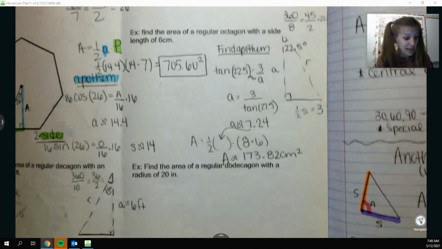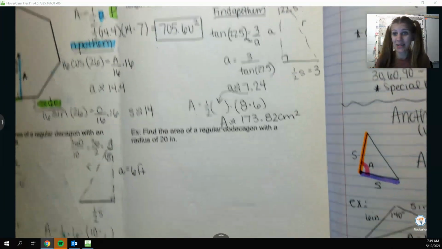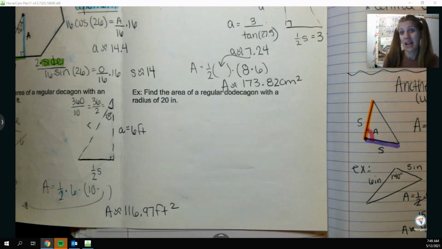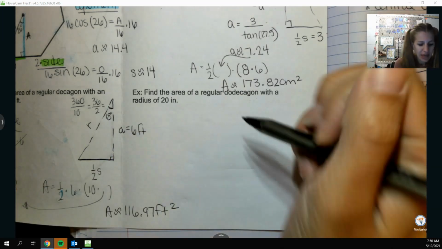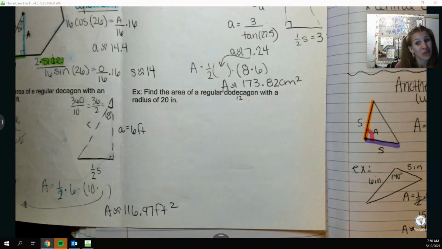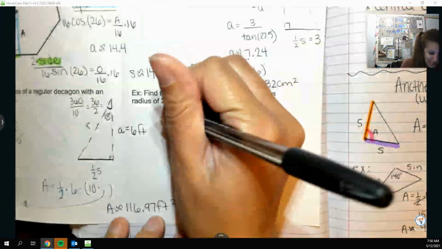And then last but not least, my guess is this one is going to be radius because we had apothem, we had side, and now I'm going to have to figure out both. All right, so find the area of a regular dodecagon, that's 12 sides, with a radius of 20, of course.